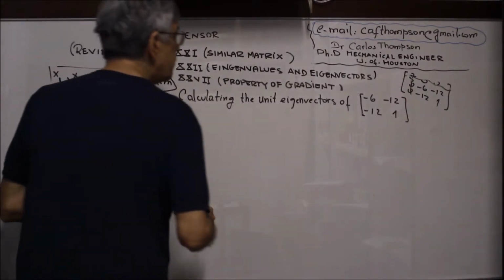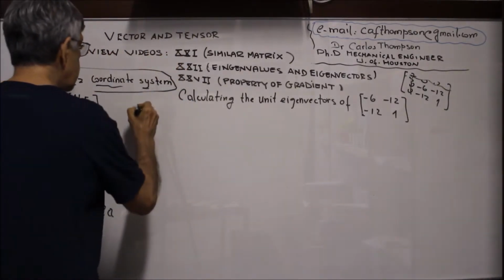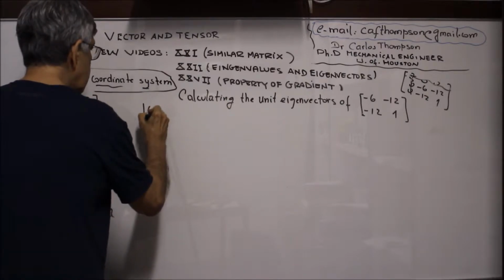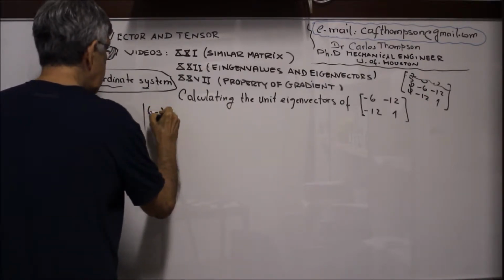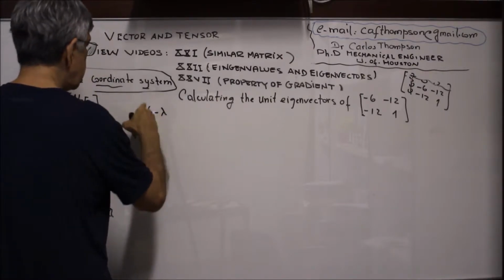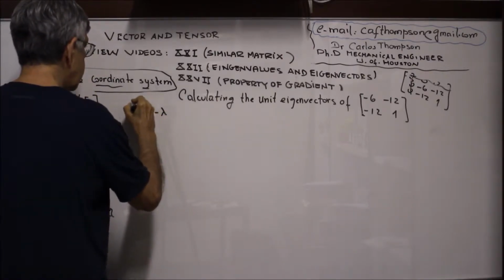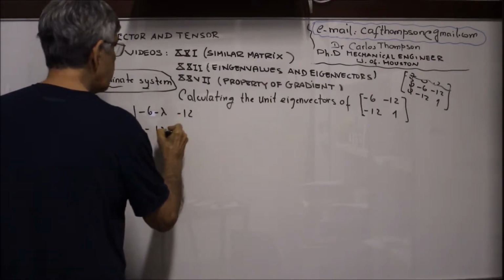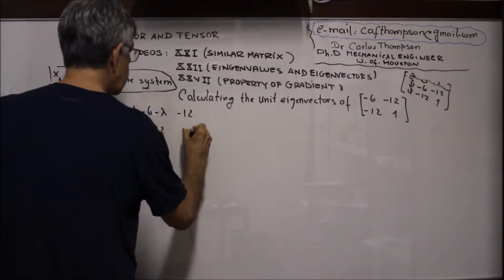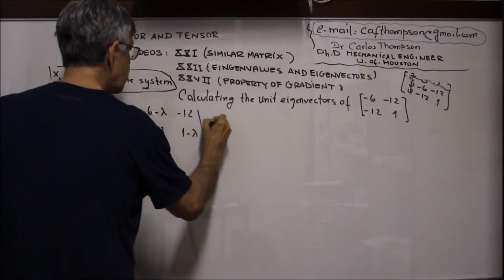So the eigenvalues of this, we can do: minus 6 minus lambda, minus 12, 1 minus lambda, this is equal to 0.